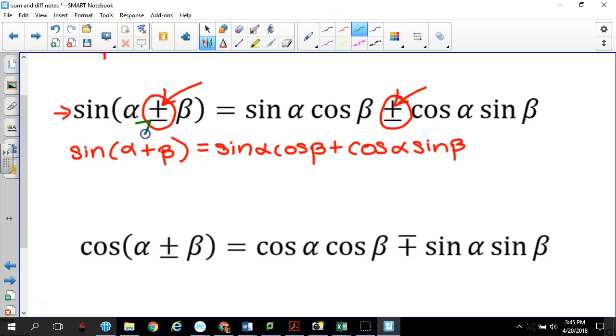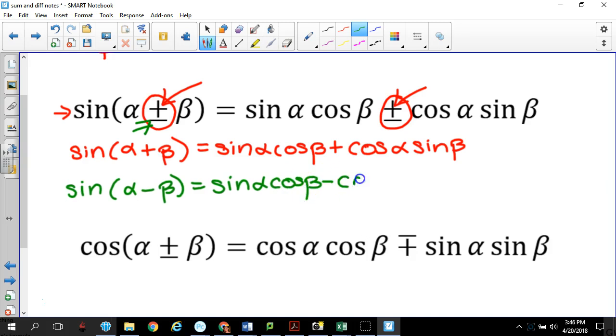Now, if I do the bottom part, sine of alpha minus beta, that's going to equal sine alpha cosine beta minus cosine alpha sine beta, because this is subtraction on the bottom, okay?